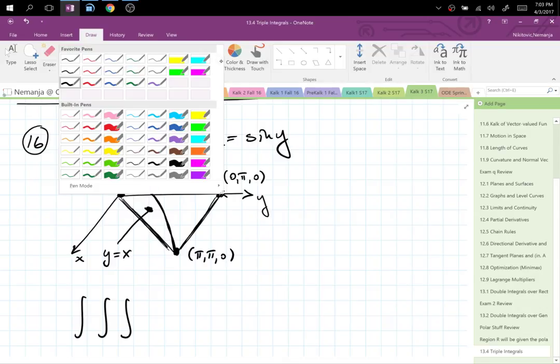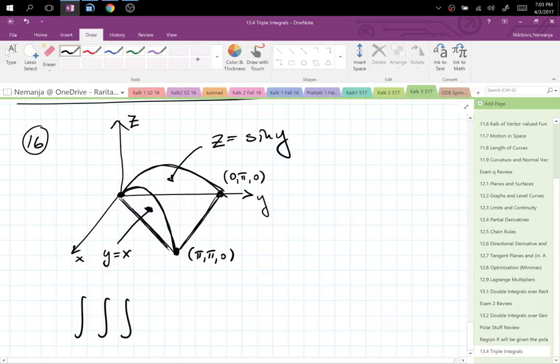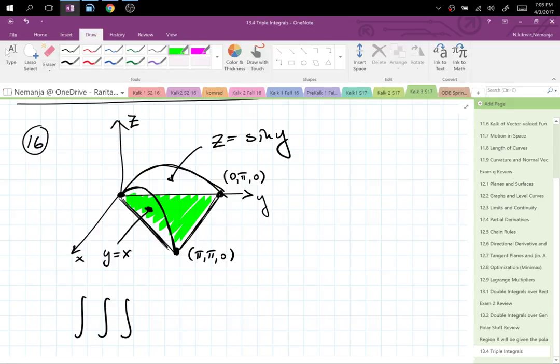I'm not sure if it will help if I colored region R. What happened? (pi, pi, 0). And (0, pi, 0). And (0, 0, 0), the origin.